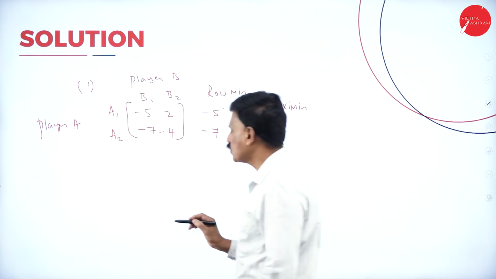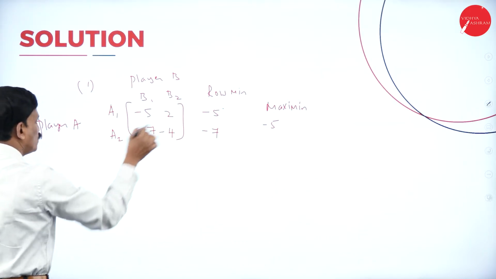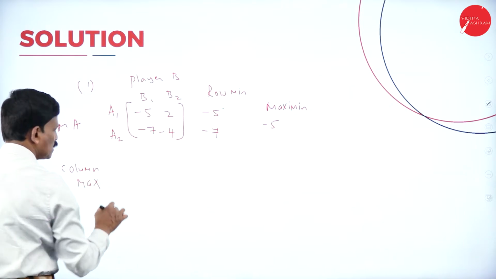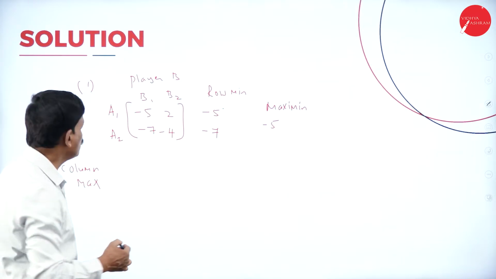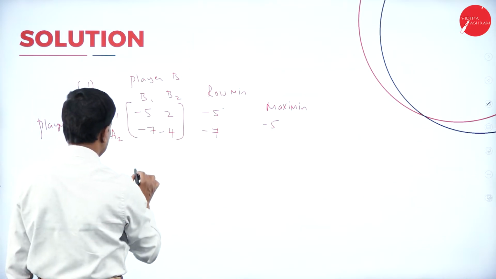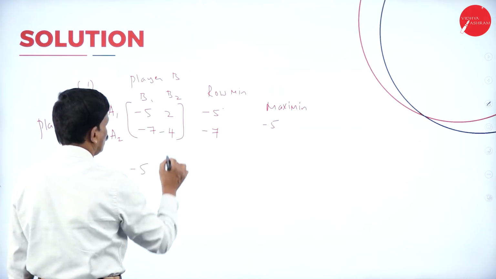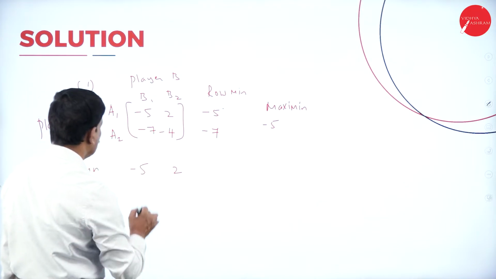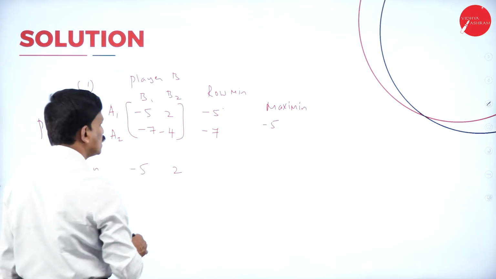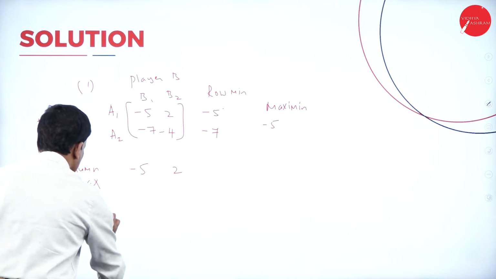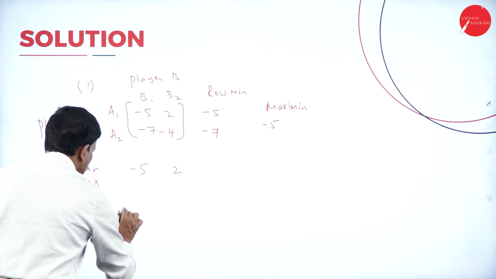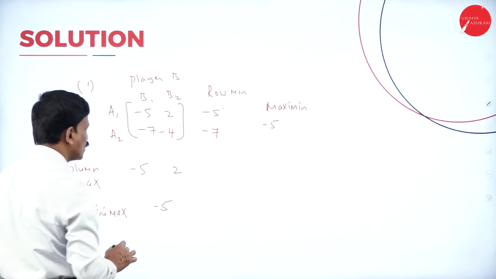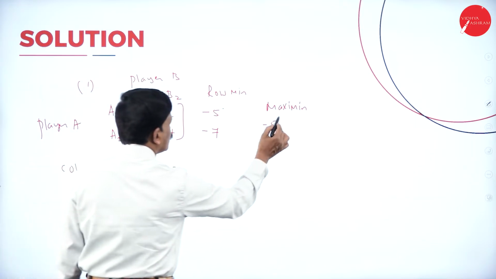Now let us come to the columns. Row minimum is done, now column maximum. In the first column the maximum value is -5, and in the second column the maximum value is +2. Find the minimum of these, that is nothing but minimax. The minimum value is -5.